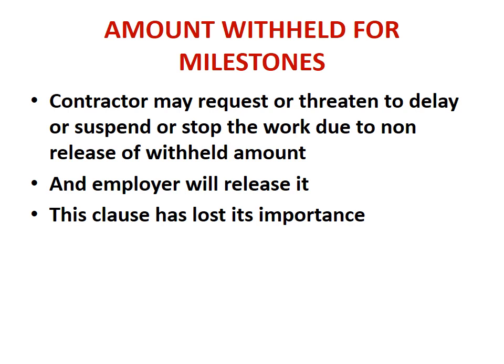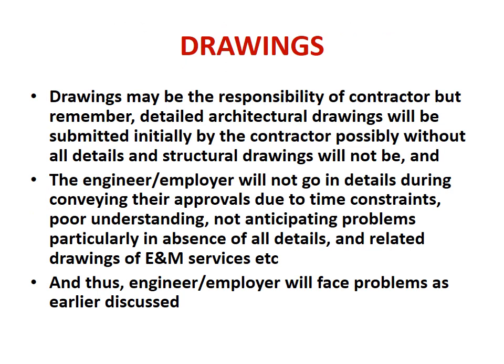He will say that I don't have the money, because a lot of amount has been withheld by the employer or the project manager. And since the hindrances are beyond his control, this amount should be released. So ultimately, the employer or project manager will release the amount. So this clause has lost its importance in all types of contracts.